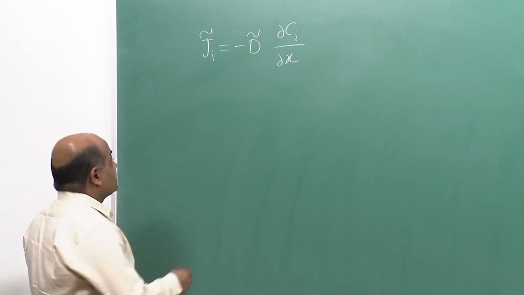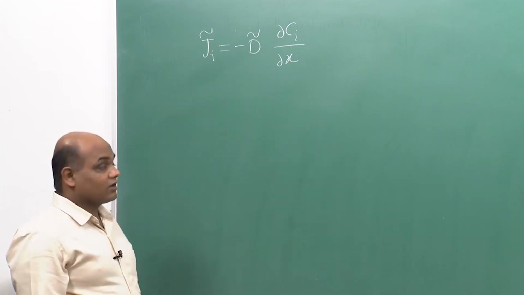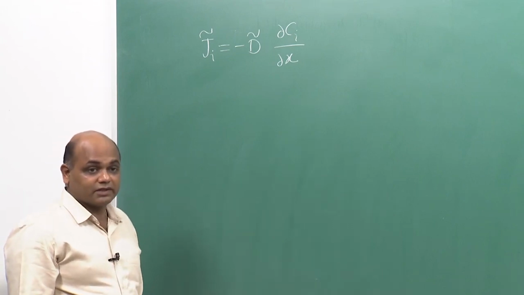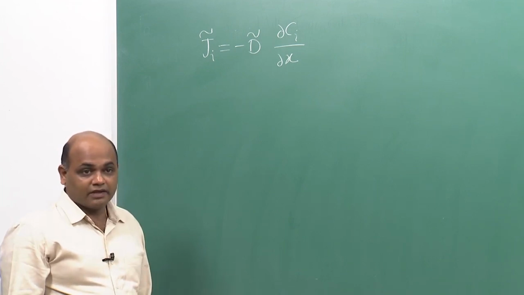J_i tilde, that is the interdiffusion flux of i, is equal to minus D tilde times the gradient of concentration of i with respect to the distance coordinate, ∂C_i/∂x.